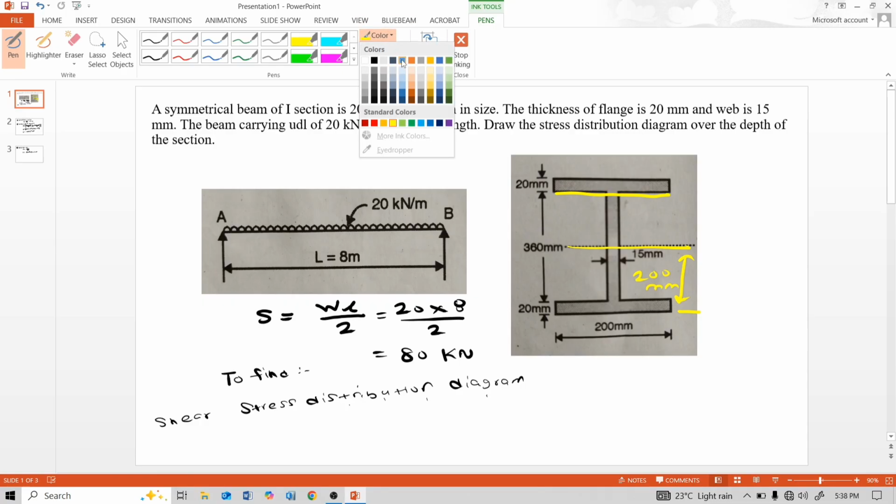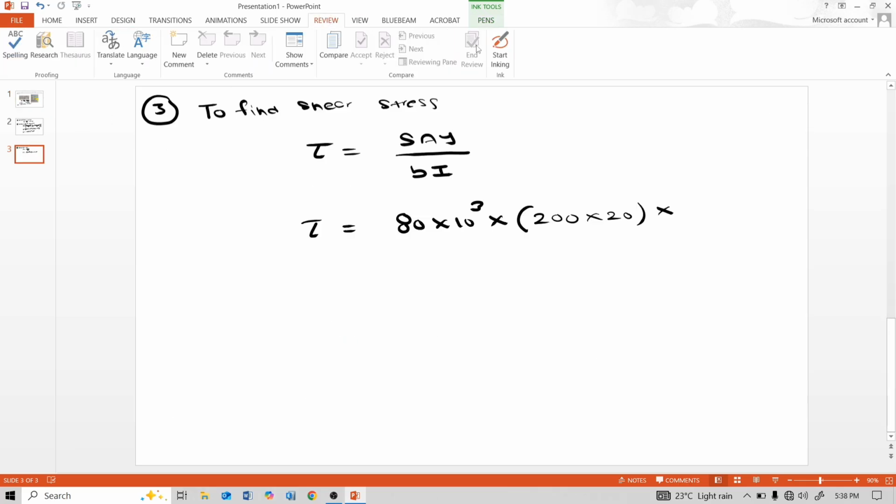And we have to find this y, which is for here. From here to here the distance is 200 minus 10, which is 190. So this y is 190.